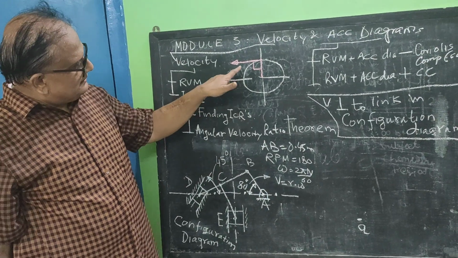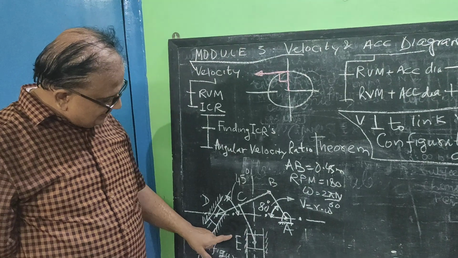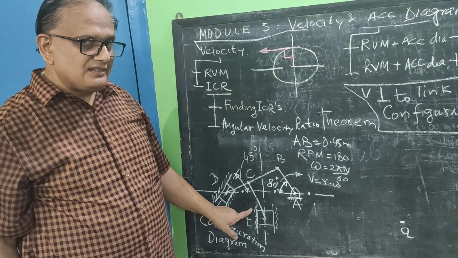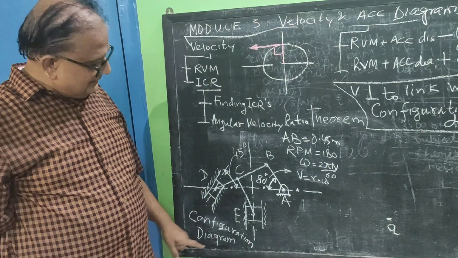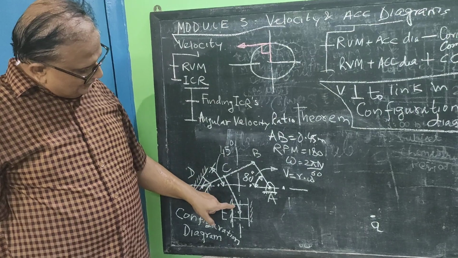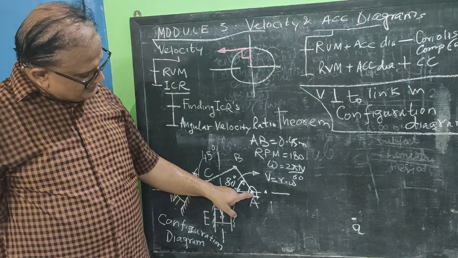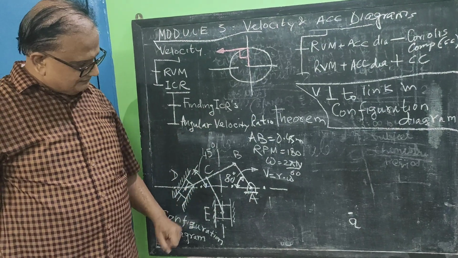Not always is the velocity drawn perpendicular to the link. In this particular mechanism, you have two sliders. This is one slider, this is another slider. This slider will always move in the vertical direction. So the velocity of this slider with respect to this particular point A will always be parallel to this particular direction.